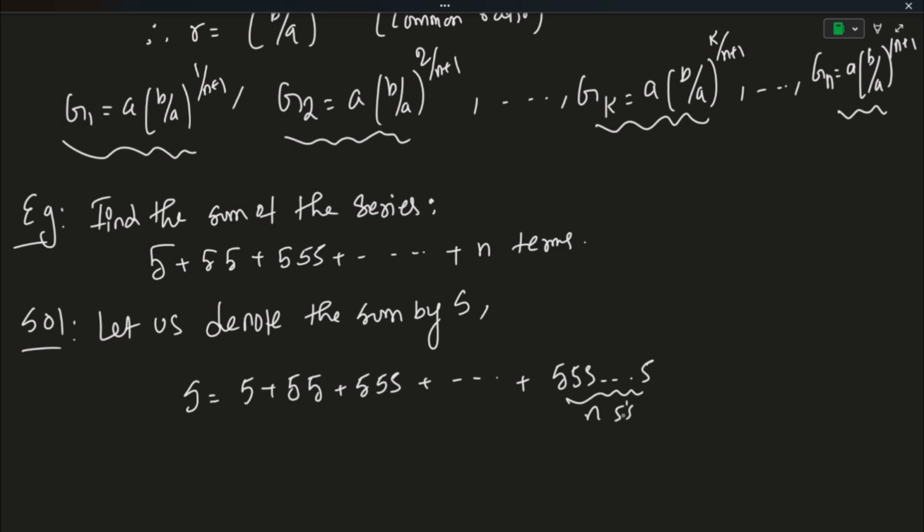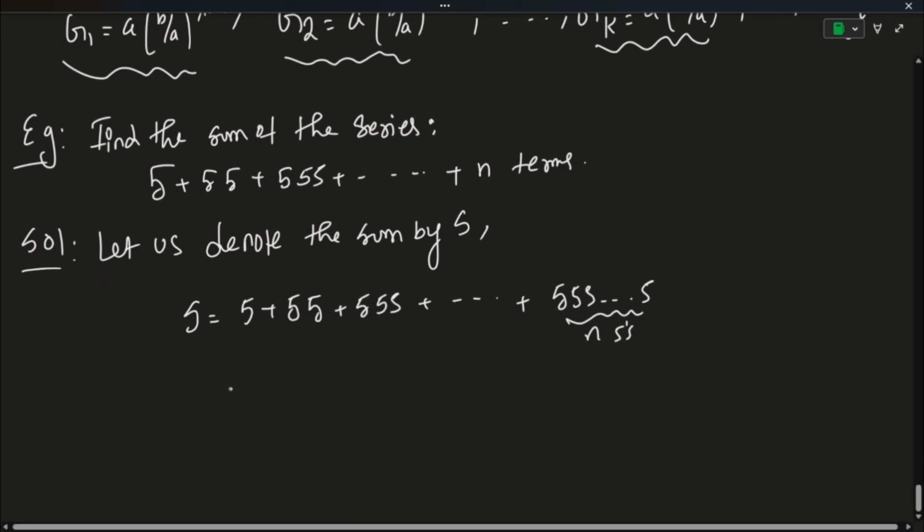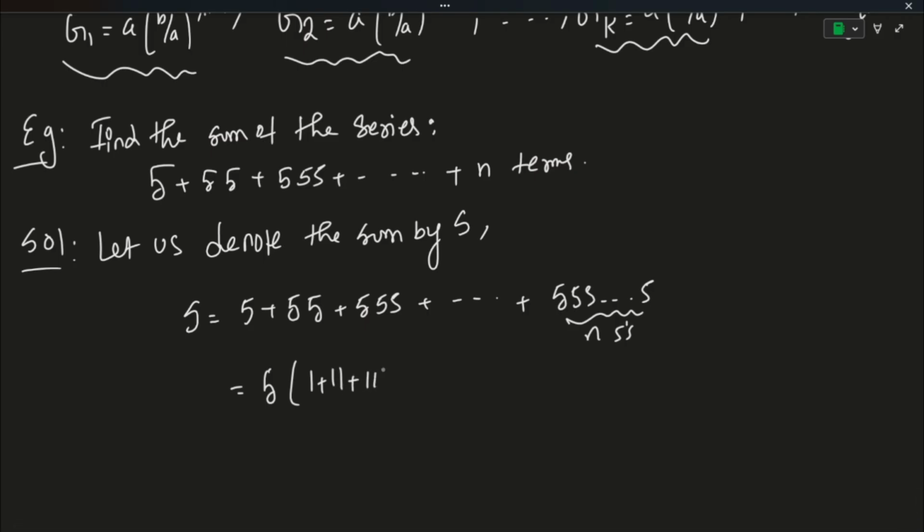Now you can take 5 common from this. You can write this as 1 plus 11 plus 111 and all the way up to 111 like this n ones. Again you can write this as 5 by 9, which is 9 plus 99 plus 999 and all the way up to n nines, right?